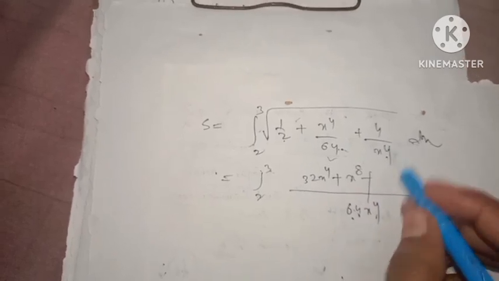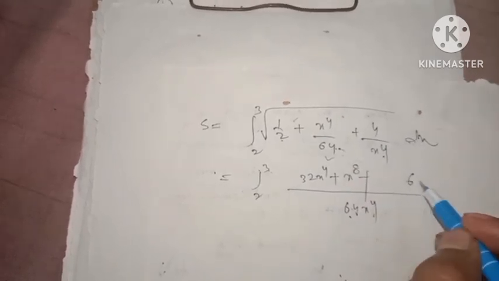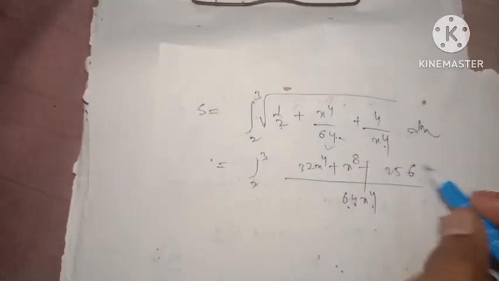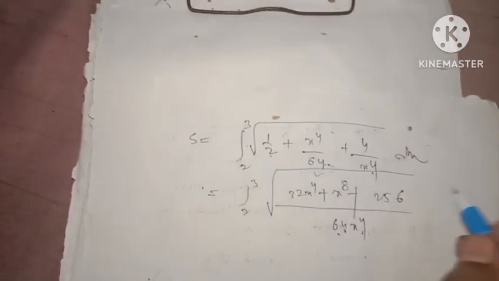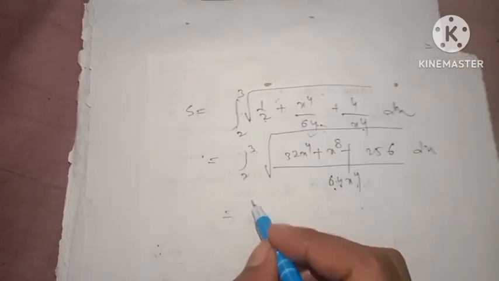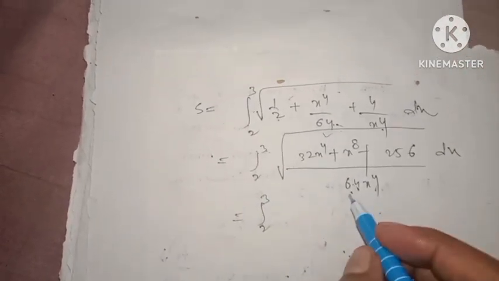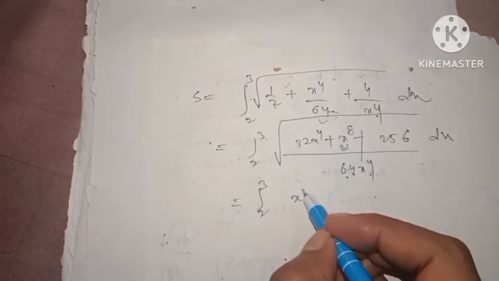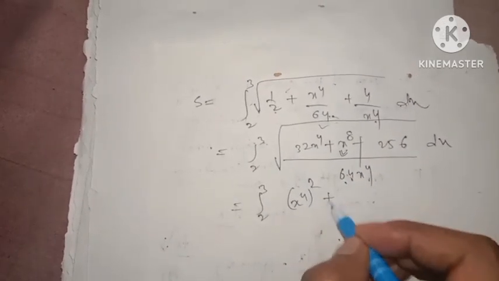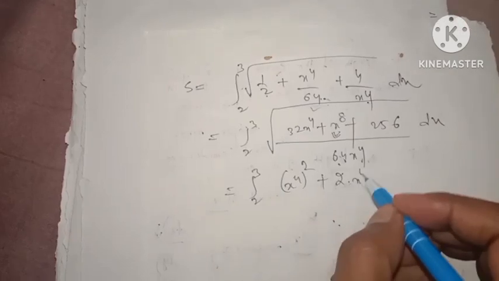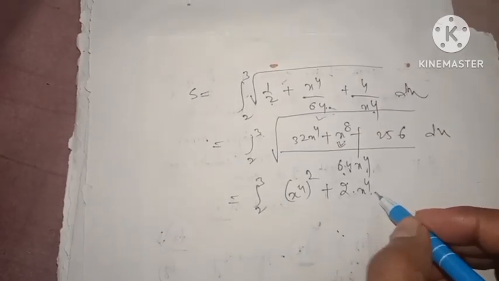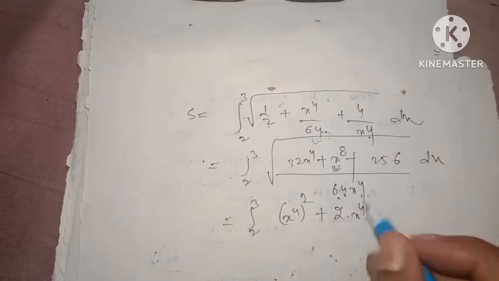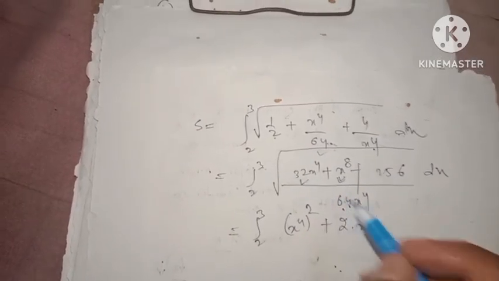64, 16, 256. This is the root of dx. Then integration from 2 to 3. So I will write this: x to the power 4 squared plus 2 into x square, 2 into ab, what will be b, because this is 32.